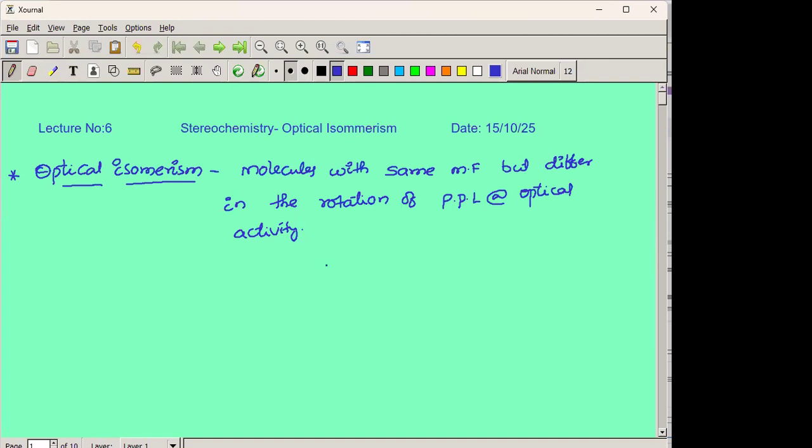The phenomenon is called optical isomerism. So that is about optical isomerism.